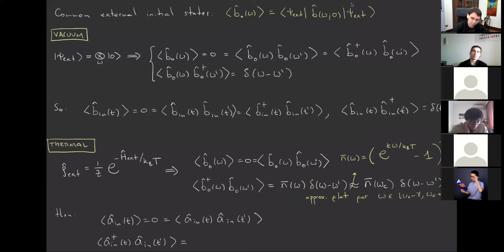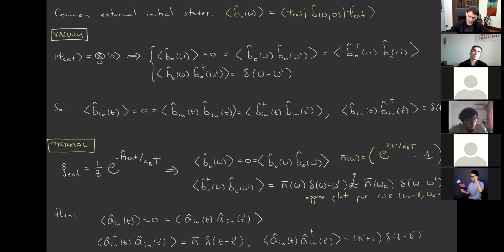However, because we are assuming that it's flat, the final expression is really simple. It's just this thing here. Okay? And let me write down explicitly also the one for A A dagger, which you can either evaluate or find from the commutator of the previous one, reordering, and you get n plus 1 times delta of t minus t prime.